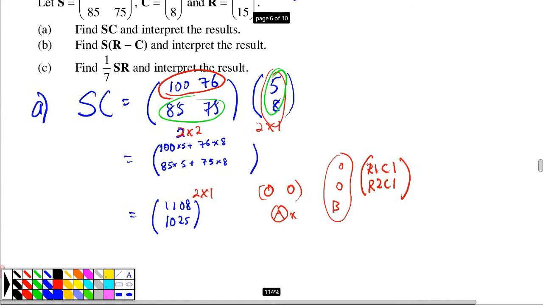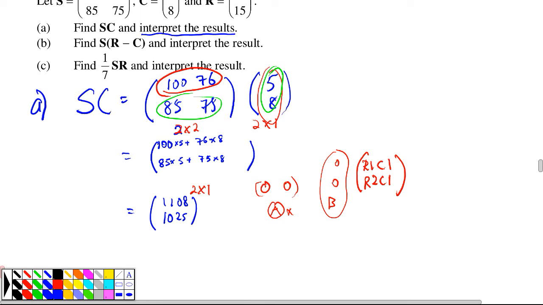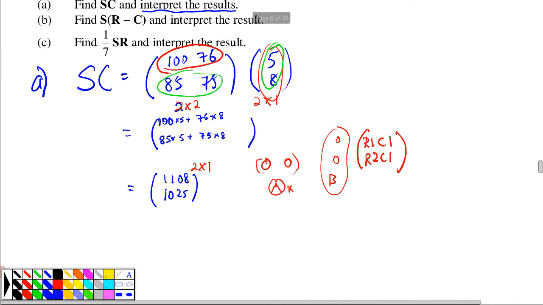Okay, now I am interested in the underlying thing here. Interpret the result. Marcus, try. How will you interpret this result? 1108 and 1025 stands for what? Represents what? Everyone try.